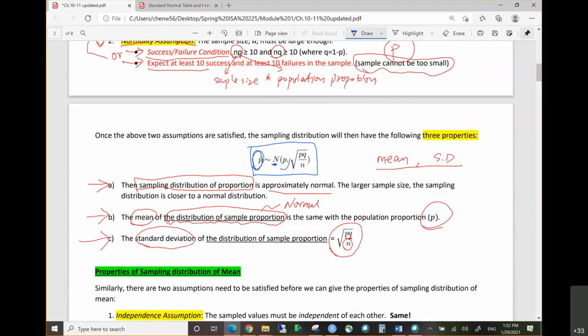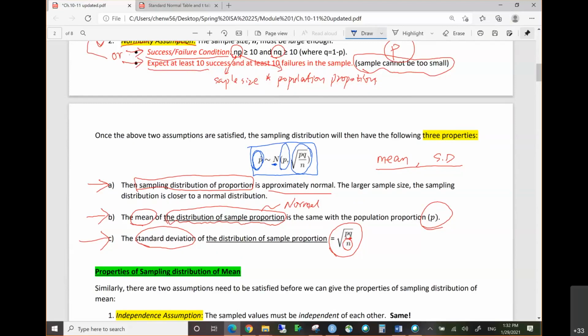The mean is just the population proportion P, and the standard deviation is the square root of PQ over N. Now we have complete information about a normal distribution, so we can calculate the z-score and use it to find the corresponding probabilities.